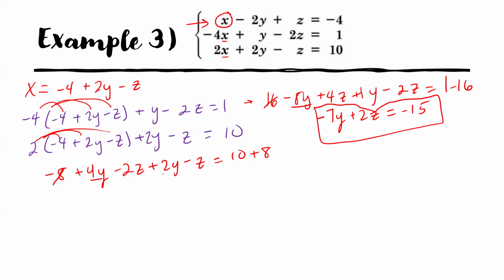And I have 4y and 2y. 4y and 2y make? It's not a joke. It's a real question. 6y. Then we have negative 2z and negative 1z, which makes negative 3z. And 10 plus 8 equals 18.